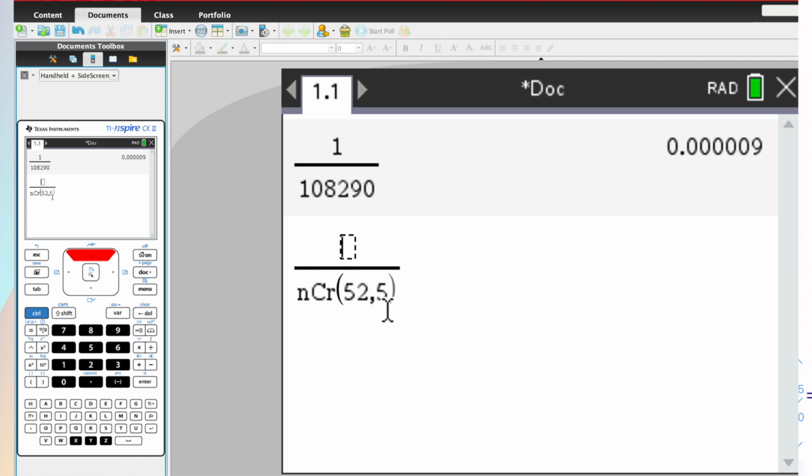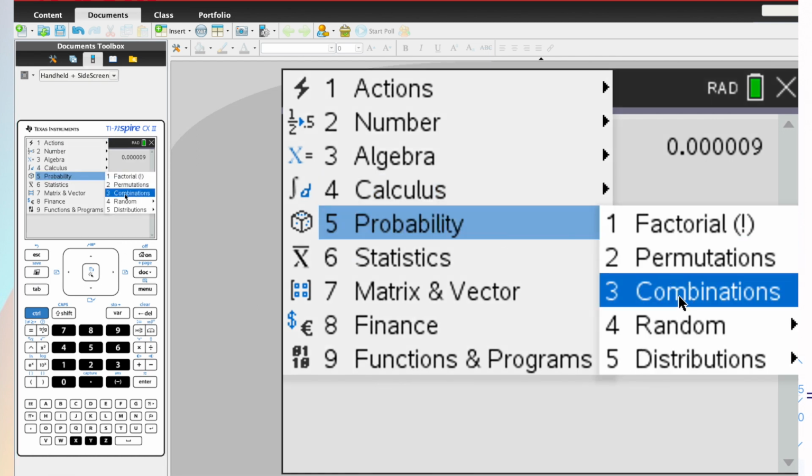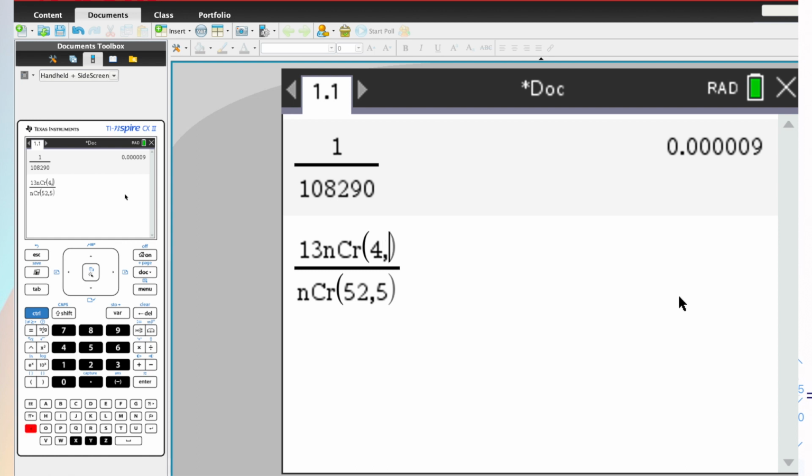And what we want to do is choose one of those. And then once we choose one of those, let's say it's an ace, there's 4 aces, and we want to choose 2 of those. So that would be probability combinations for choose 2. And in all of these, just to enumerate this on my calculator, I'm multiplying.